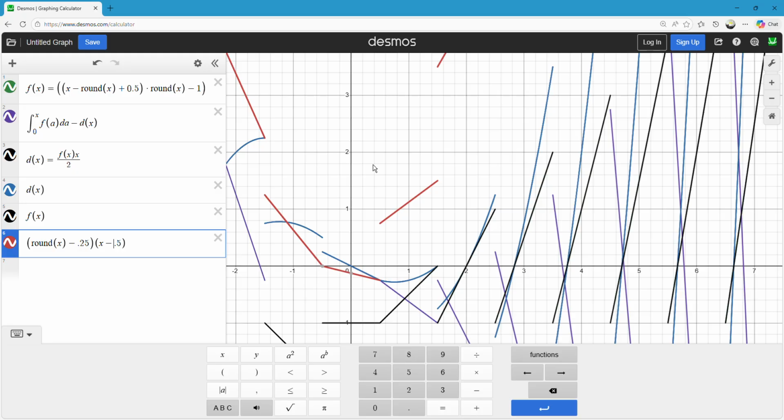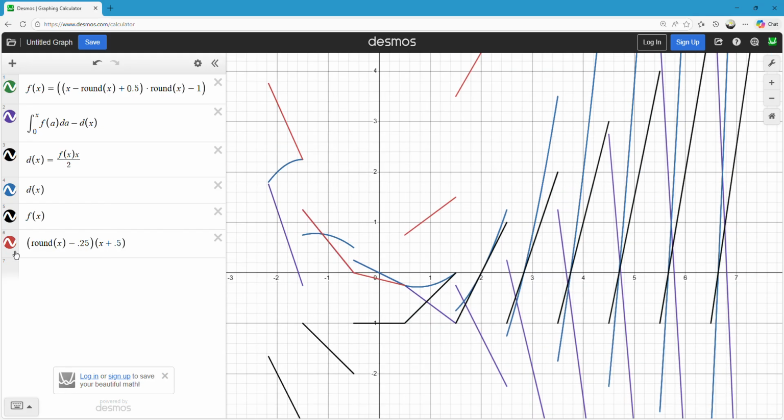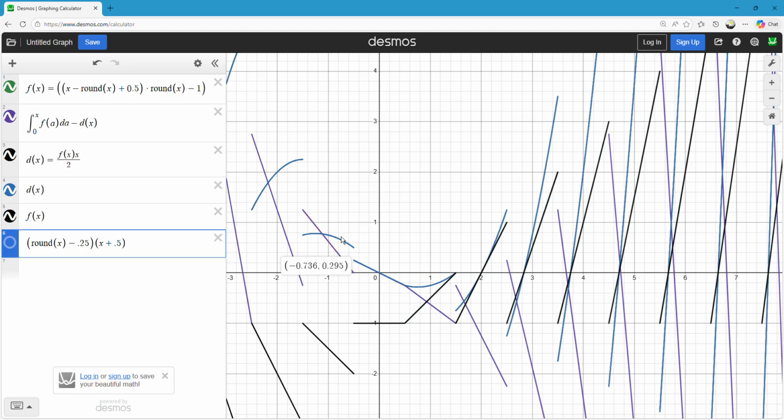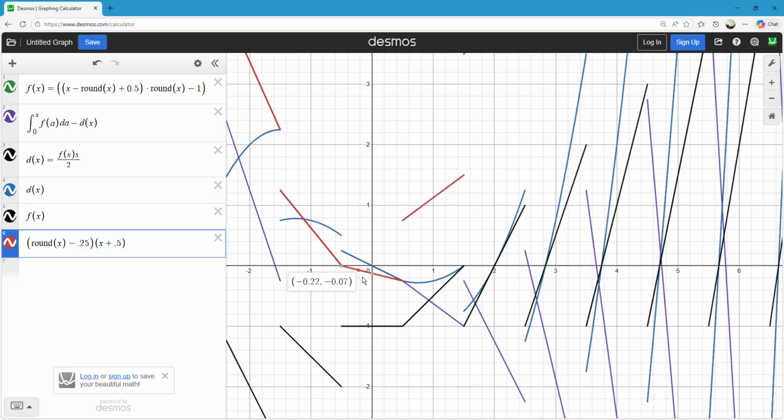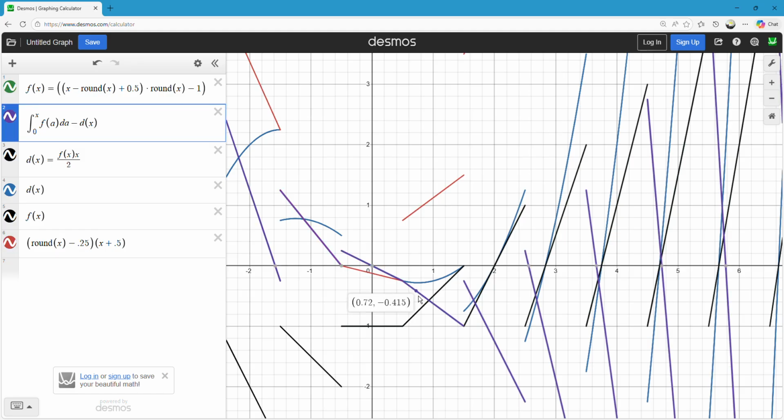That one looks pretty close. It did that one. Actually, that one's really close. Isn't that? Yeah, it's got one side of it. Right? No, well, almost.